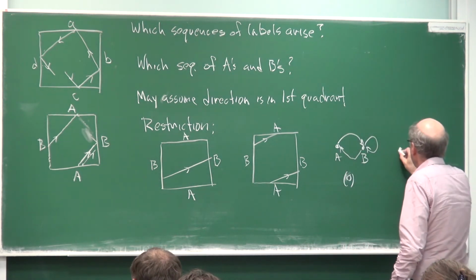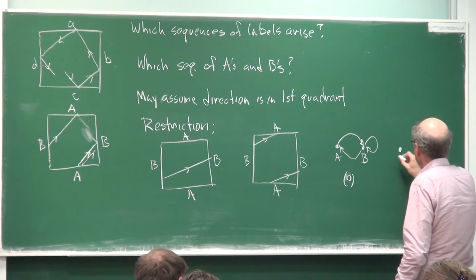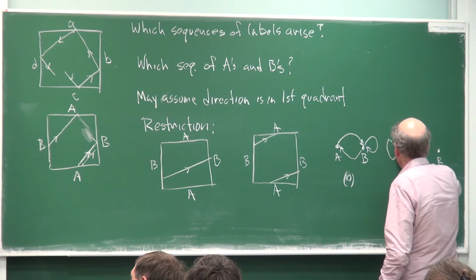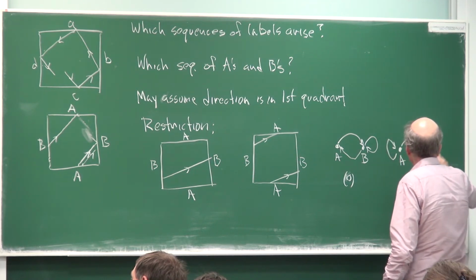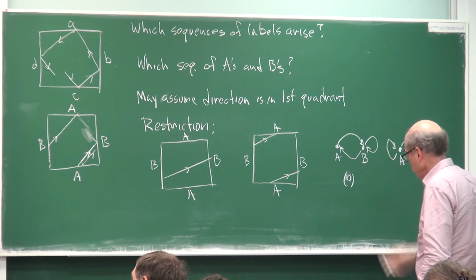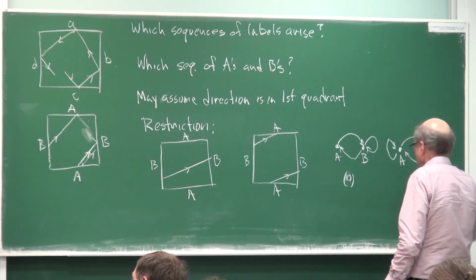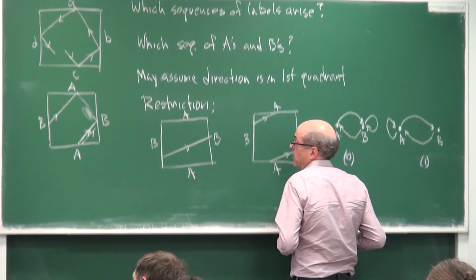Similarly, the other possibility is that our transition diagram is of the opposite type. We can have two A's if the slope is bigger than 1, but we'll never have two B's. Let's call this diagram 1.